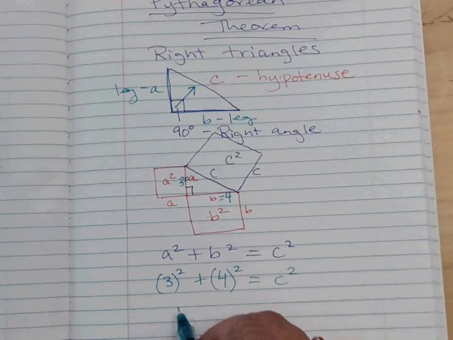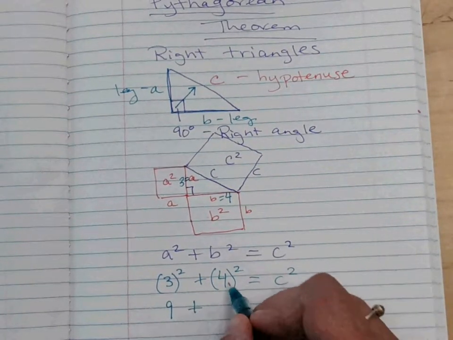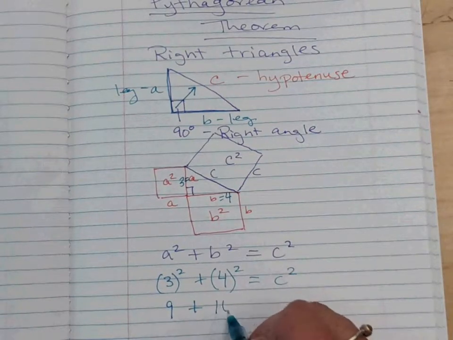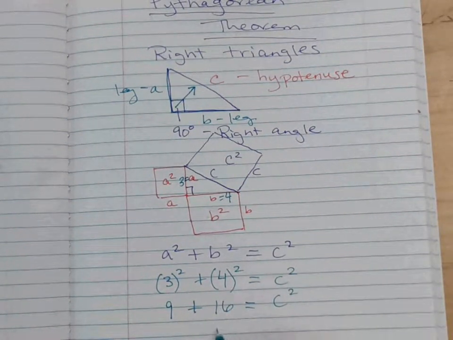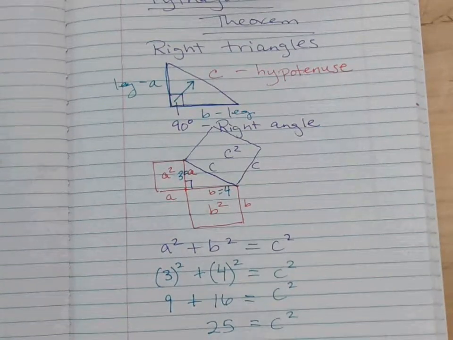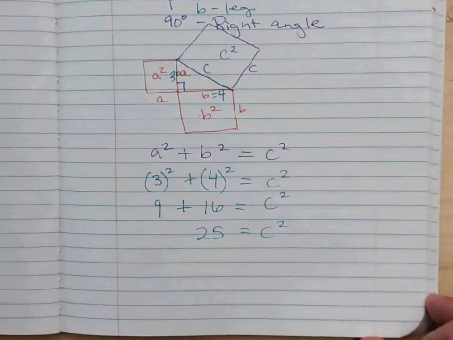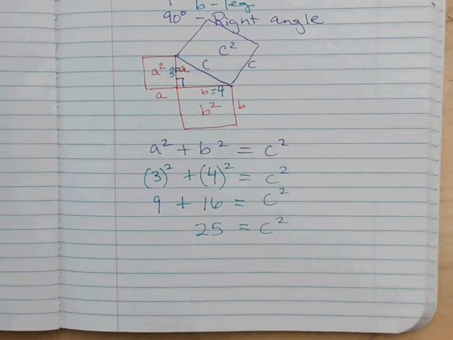So 3 squared is 9, 4 squared is 16. What would C squared be then? Yeah, 25 equals C squared.